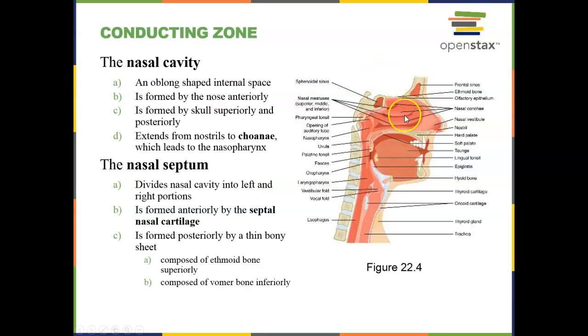Also, bacteria or any pathogens we're inhaling can get trapped in the mucosal region. The air is going to move back here to the choanae. The choanae are the back portion of the nasal cavity, and that's where we enter into the nasopharynx, okay?